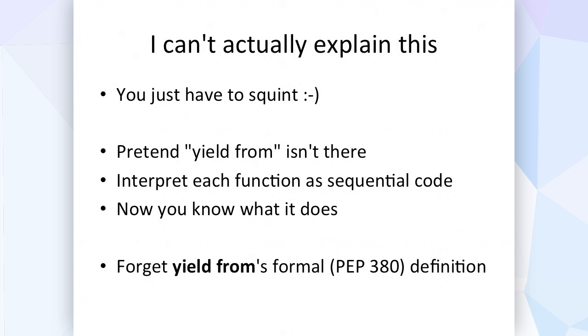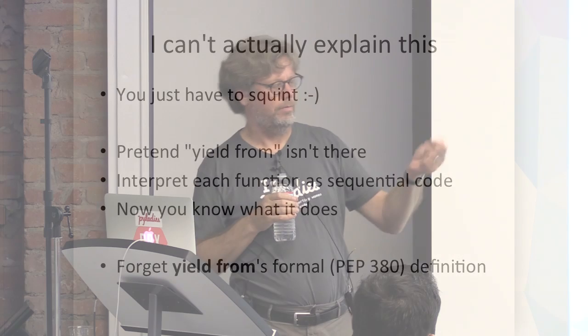There are like 50 lines of pseudocode in PEP 380 that try to explain the exact, precise formal semantics of yield from. What happens when you throw an exception in, because if you throw an exception in on one end, it comes out all the way on the other end. If it doesn't get handled at that point, it bubbles up through the stack, one stack frame at a time, and everything makes sense if you pretend that the whole thing is just sequential code.